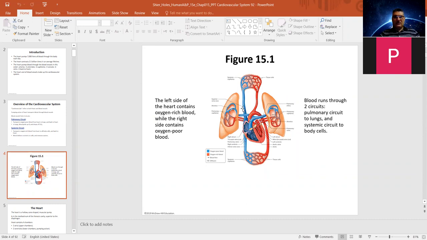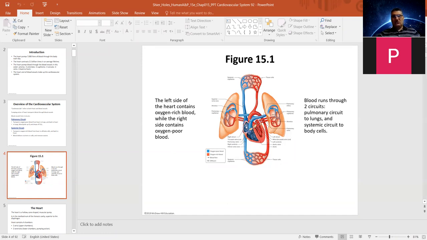The superior vena cava is bringing the deoxygenated blood coming back from the organs and tissues, with low oxygen, from the upper part of the body. The inferior vena cava will bring the deoxygenated blood from the lower part of the body. All of this blood that's poor in oxygen, from the upper part and lower part, will gather in the right atrium; the heart has four chambers.